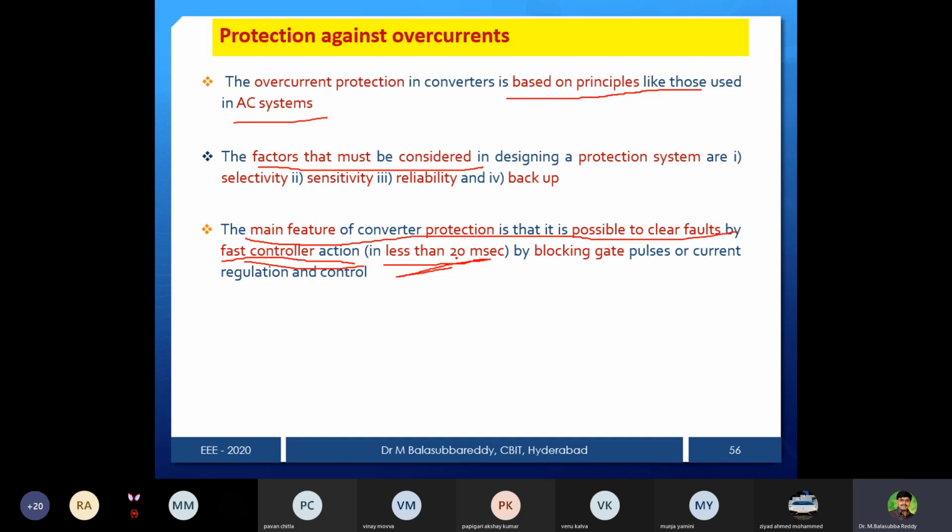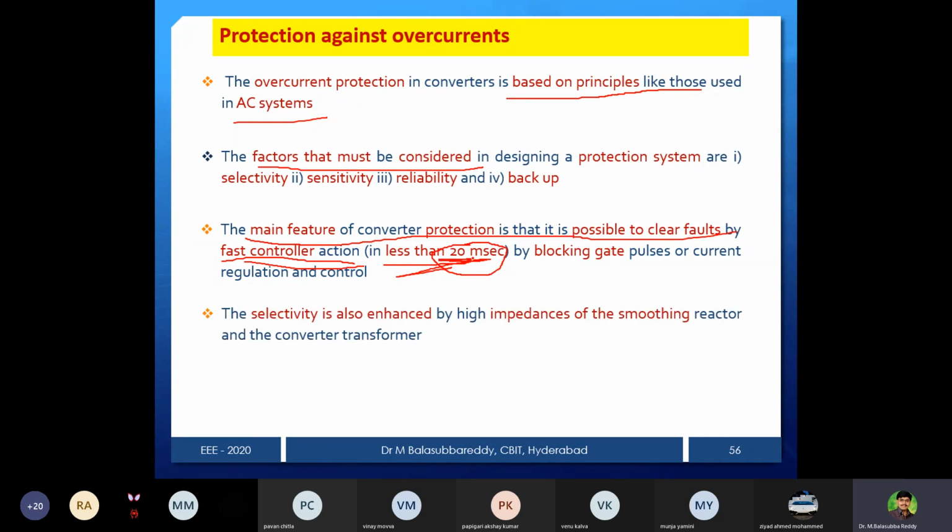Because of the inductive load, the devices are going to keep conducting for some more time until you bring the current to the zero instant. So we need to bring the system back to its original state, or recover from the fault, within 10 milliseconds.